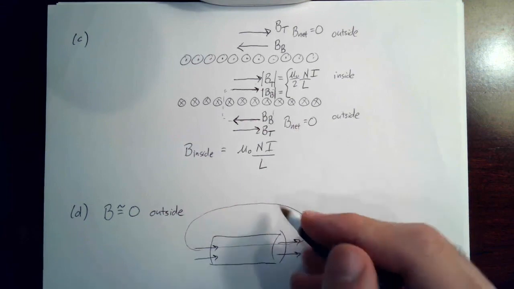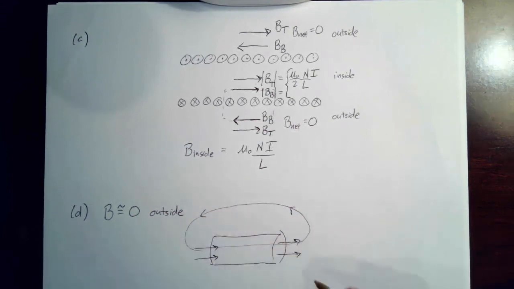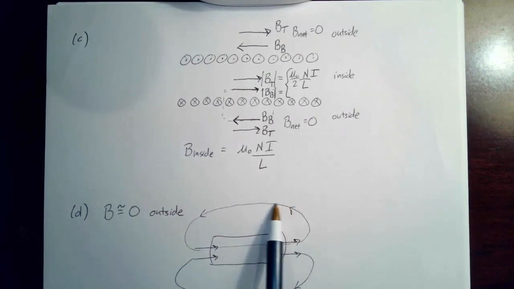So they must loop around and re-enter. But what we've found here is that this loop back portion is going to be very small. The real magnetic field strength is going to be inside and just off the edges of the solenoid.